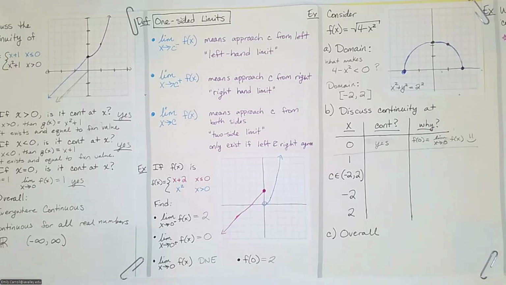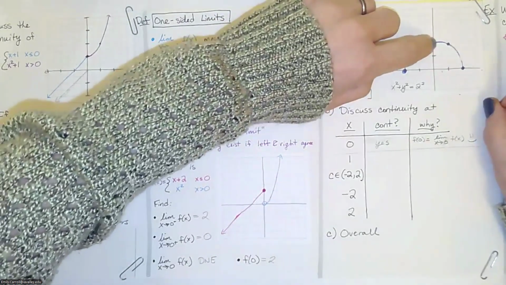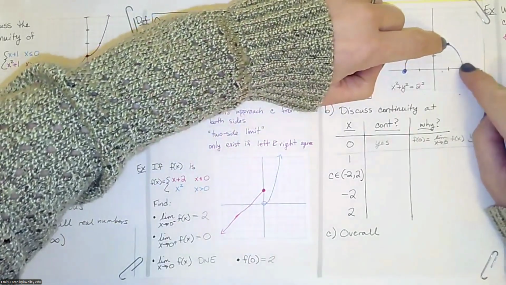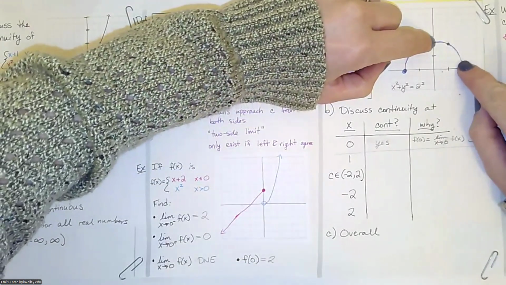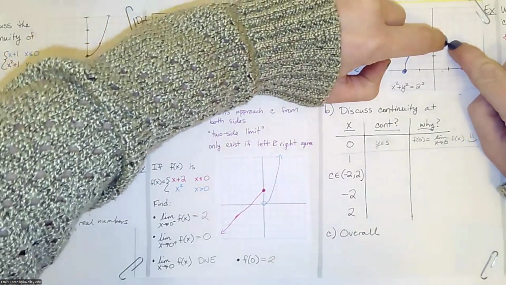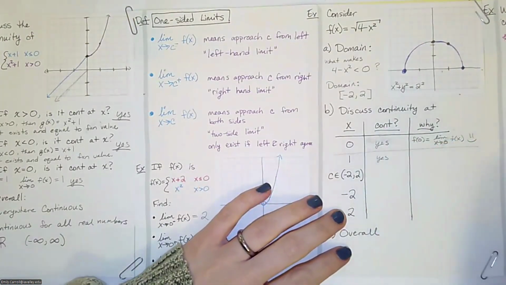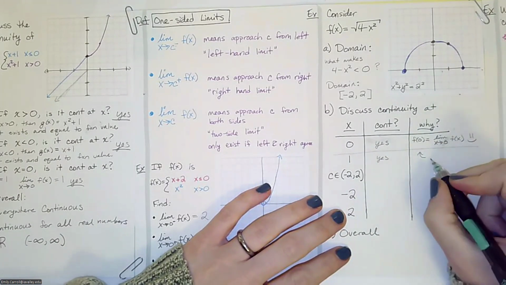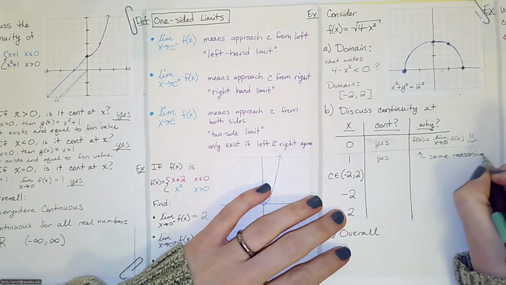Whatever that is, I know that it's a real number. And I know that as I slide an x value in from this direction and from this direction, they're going to the same spot. Okay, as I approach 1 from either side, they agree and settle on the actual function value. So by the same reasoning, this is continuous.